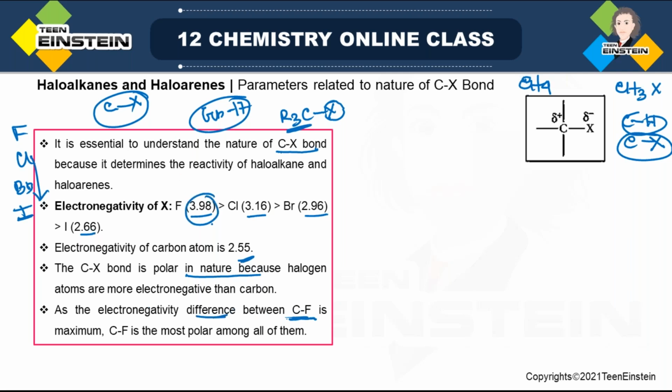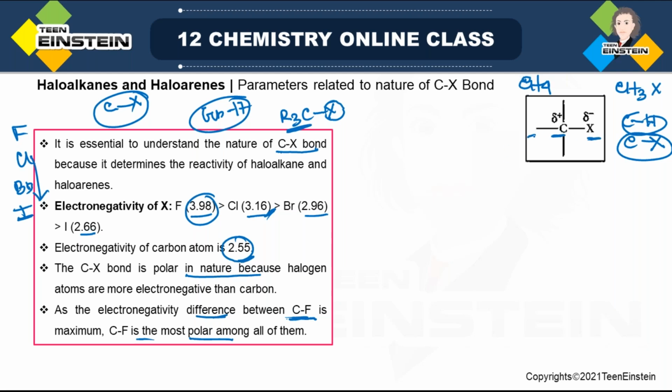If you take the difference 3.98 minus 2.55, and then if you change to the value 3.1, obviously the difference is decreasing. The higher this difference, the higher will be the polarity, and that is the reason the C-F bond is the most polar among all these four carbon-halogen bonds: C-F, C-Cl, C-Br, C-I. So this is the polarity.